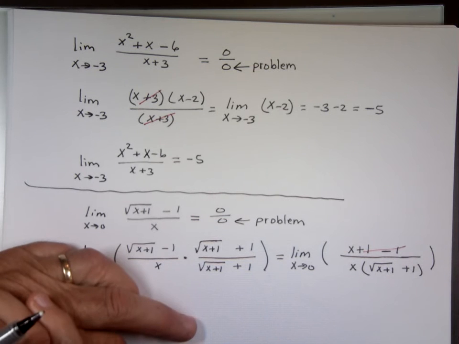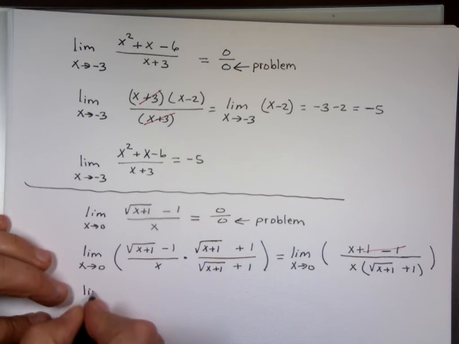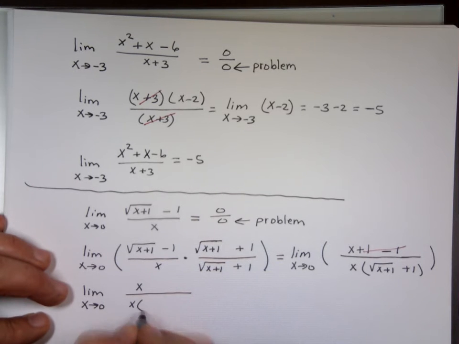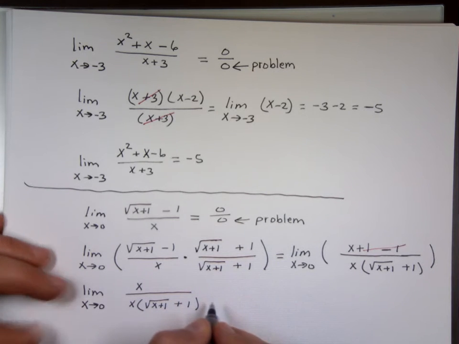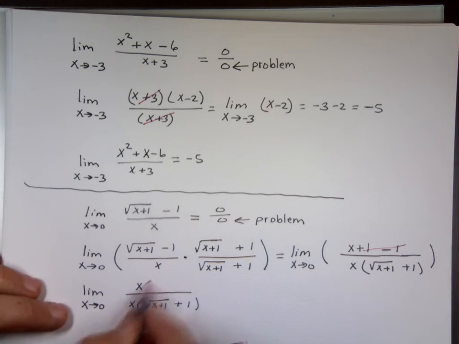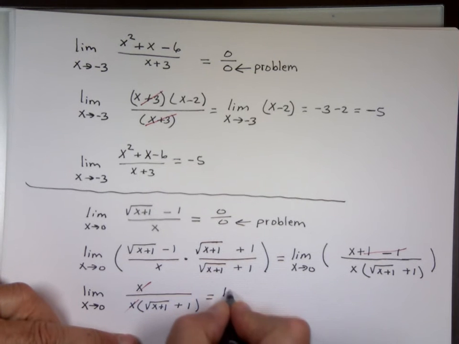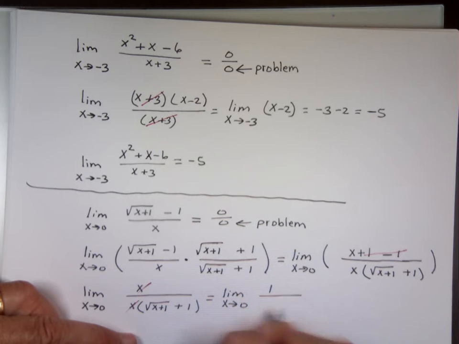So you end up with, and I'm going to simplify it even more, x over x times the square root of x plus 1 plus 1. Now the x's will cancel each other out. Limit as x approaches 0 of 1 over the square root of x plus 1 plus 1.